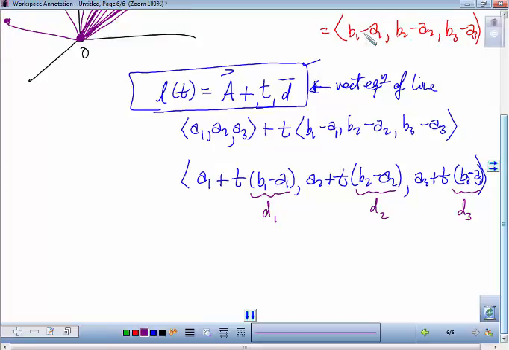Now, these are components along the X, along the Y, and along the Z. And then they have a parameter T associated with them. So T is like your independent variable for a function. So what's to stop us from just calling this X is equal to, Y is equal to, and Z is equal to, right? Looks like it should work out like that.